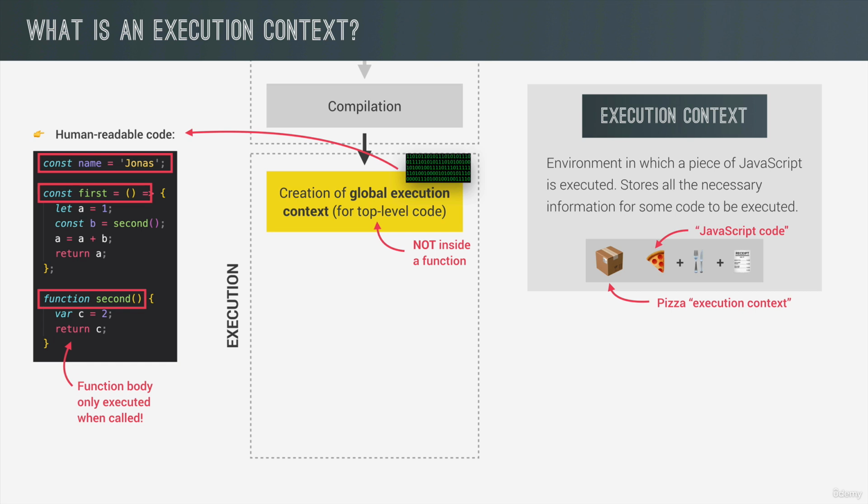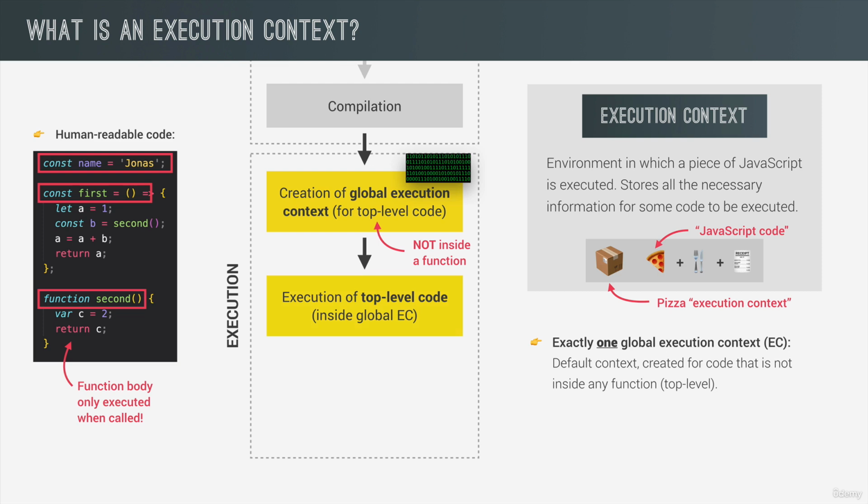Now, in any JavaScript project, no matter how large it is, there is only ever one global execution context. It's always there as the default context, and it's where top-level code will execute. And speaking of execute, now that we have an environment where the top-level code can be executed, it finally is executed.